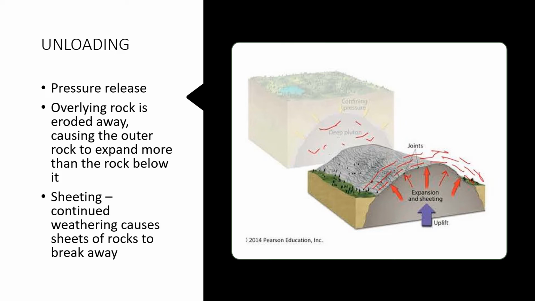Intrusive igneous rocks are formed deep beneath the Earth's surface, as we have discussed before, and the overlying rock material exerts tremendous pressure on the igneous rock. When erosion removes the overlying materials, the pressure on the igneous rocks is released, causing the outer portion to expand. And this continued weathering causes sheets of rock to break away in a process called sheeting.